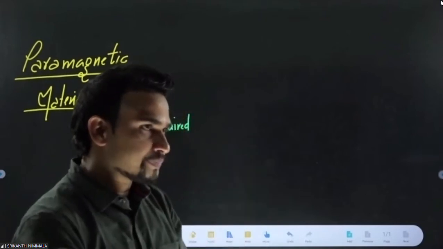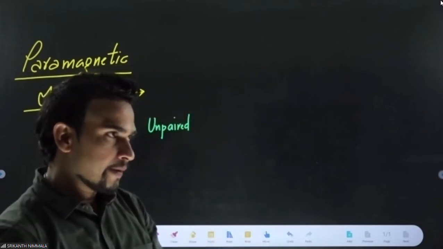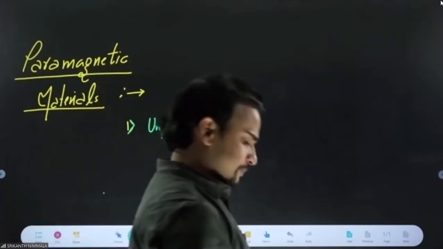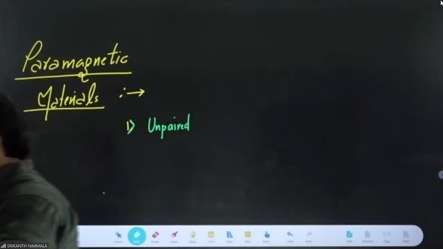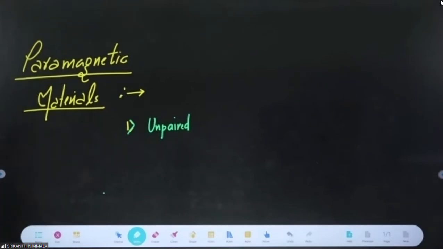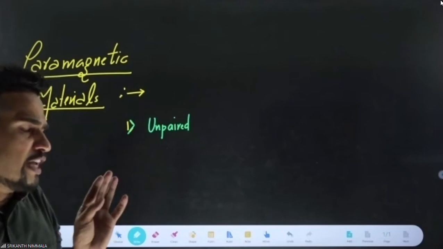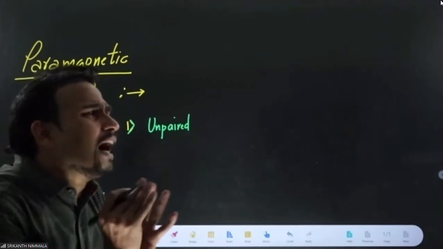Second point, you write: in these types of materials, the induced magnetic field is in the same direction as the applied field, previously opposite, now the same. In brackets, small, because the induced field is not very large, so we get a small induced field.